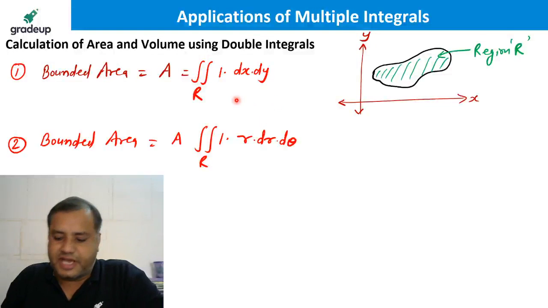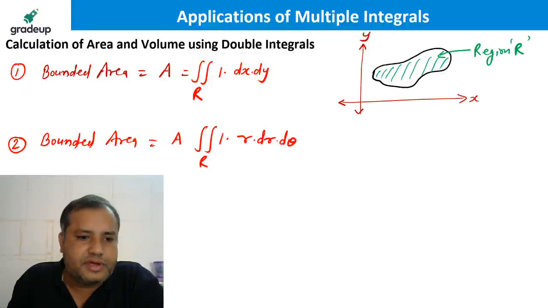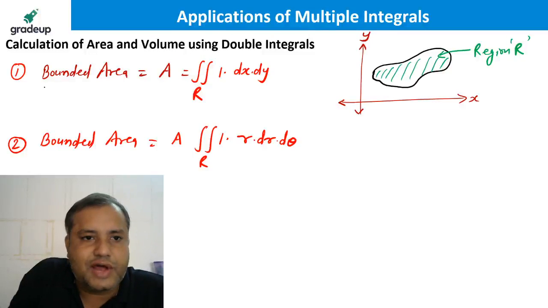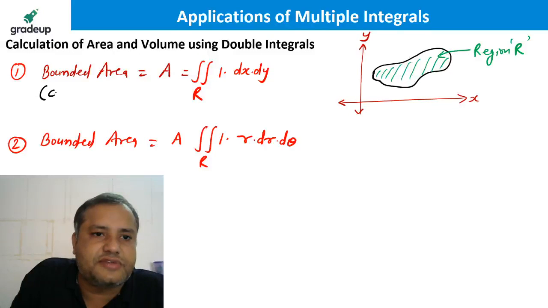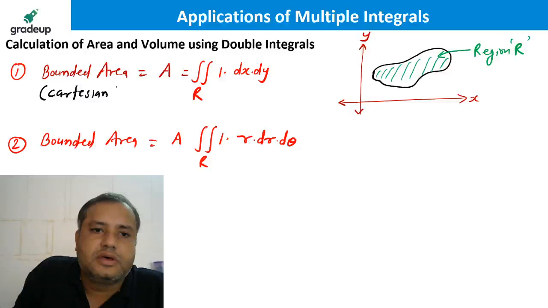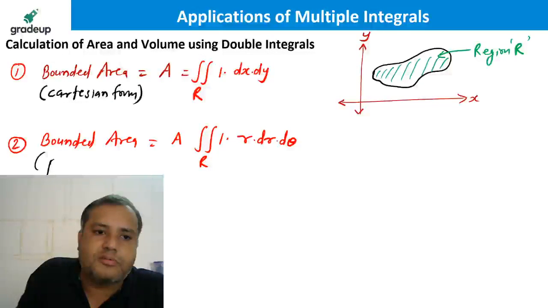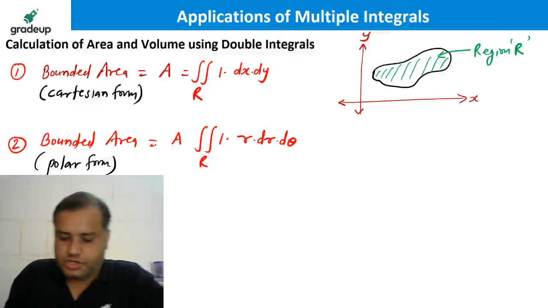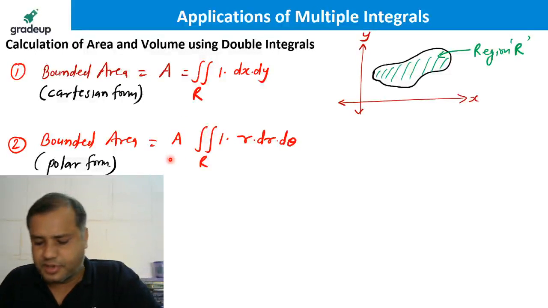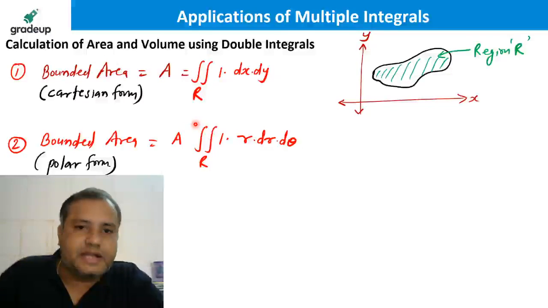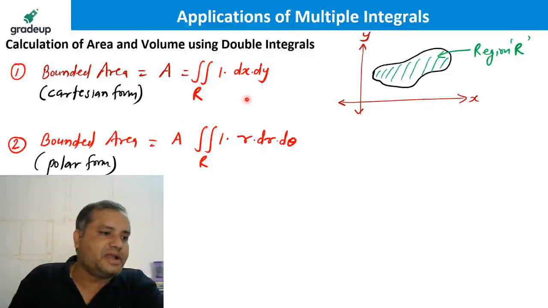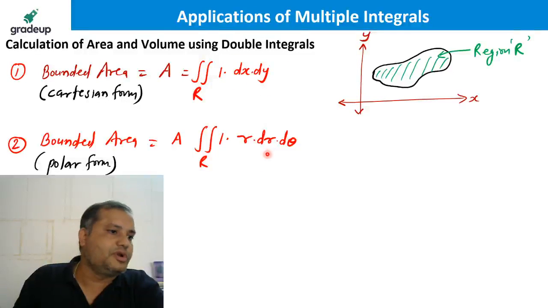Please take care: if you have curves defined in Cartesian form, you can use the first formula, whereas if you have the curves mentioned in polar form, you can use the second formula. So these are the expressions to calculate area using double integration, in Cartesian form and in polar form.